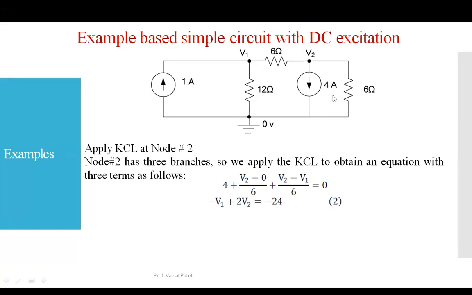See, that is not compulsory. I already told you that you can take the negative sign. You can select by your own, just like the example we discussed in the previous part, that you can select the current entering the node positive and the current leaving the node negative. It is not mandatory all the time.